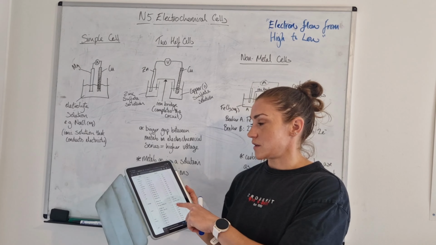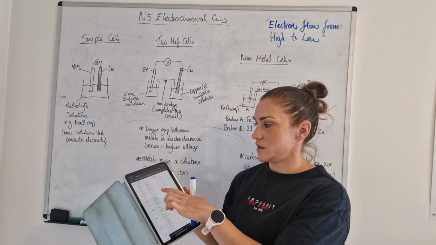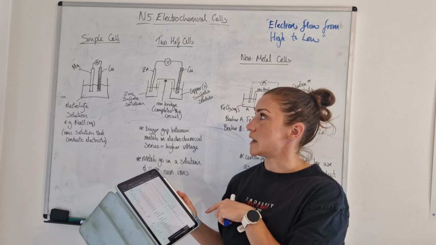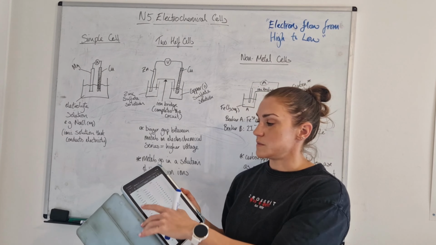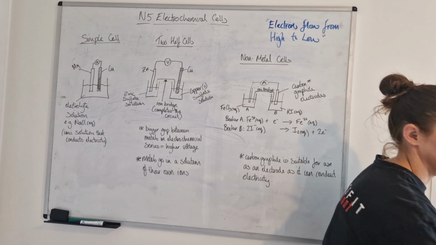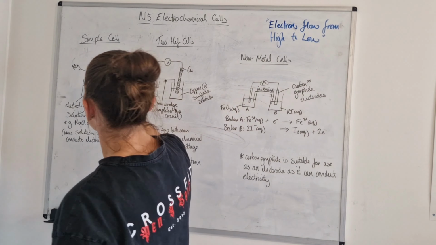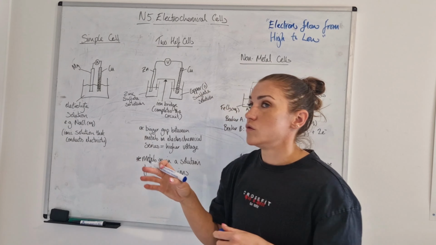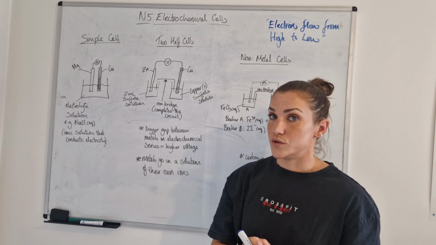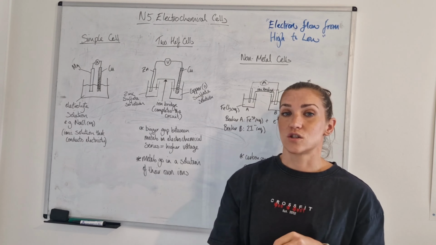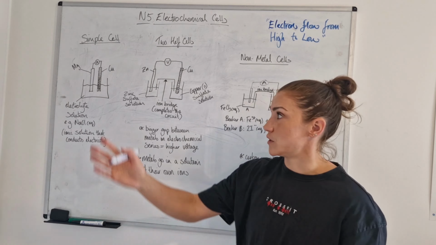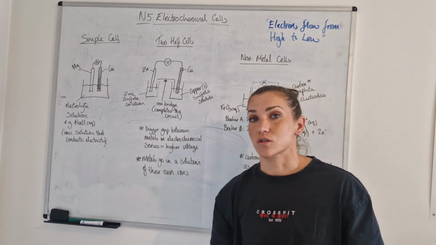Look up the electrochemical series, and the metal higher in the series will give electrons to the metal lower in the series. So magnesium is higher up than copper, which means the electrons are going to go from magnesium to copper. Now, the electrons always go through the wires. Quite often in the exam you'll be asked to draw on a diagram of a cell the path and direction of electron flow.